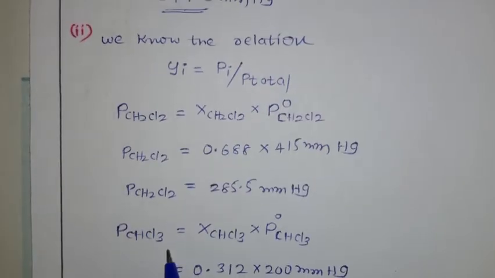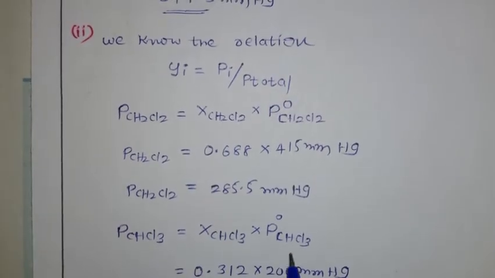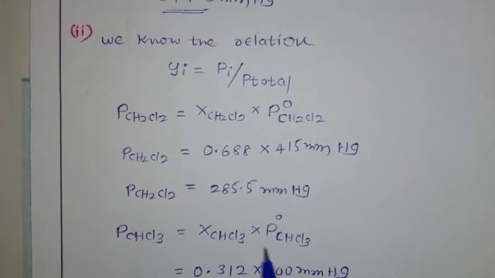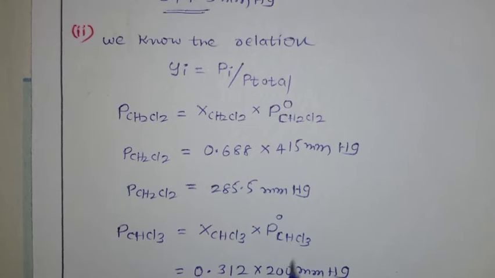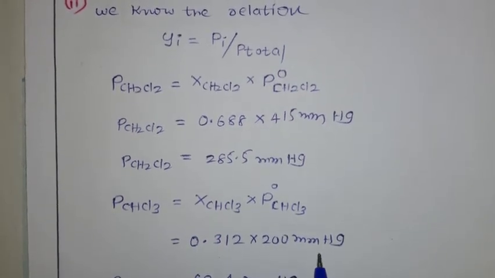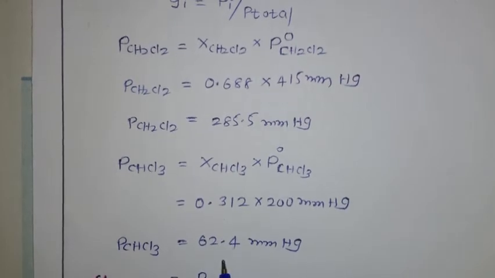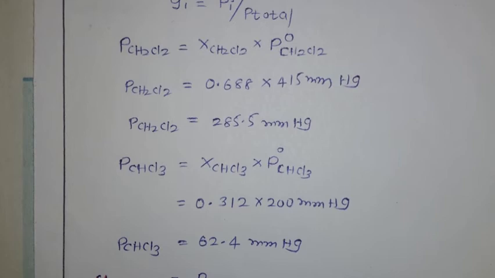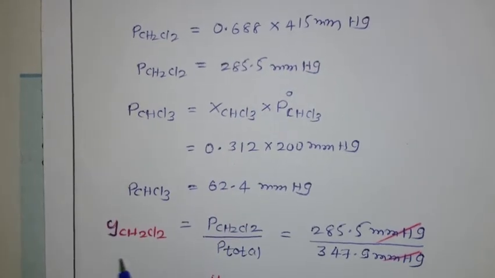Now for the chloroform partial pressure, again mole fraction into pure component vapor pressure. The mole fraction we got is 0.312 into, already given in the data, 200 mm of Hg pressure. If you go for simplification, the partial pressure is 62.4 mm of Hg.